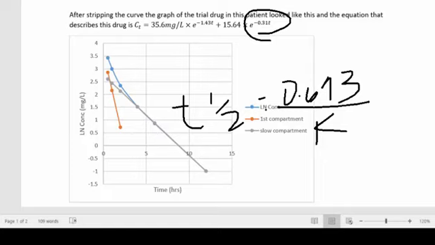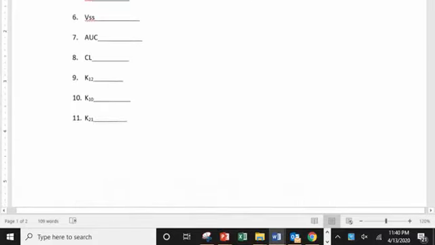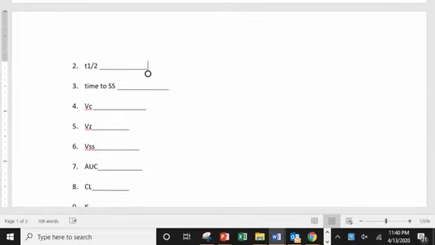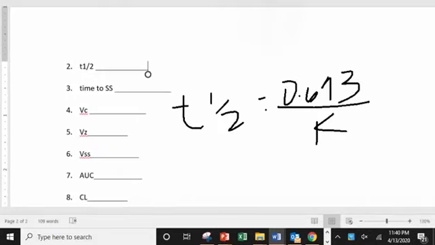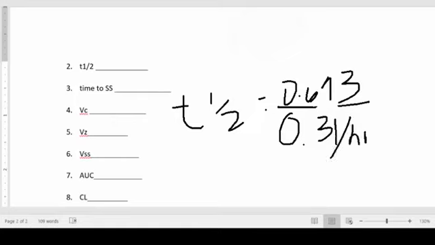So we'll put in our K, which will be 0.31 per hour.